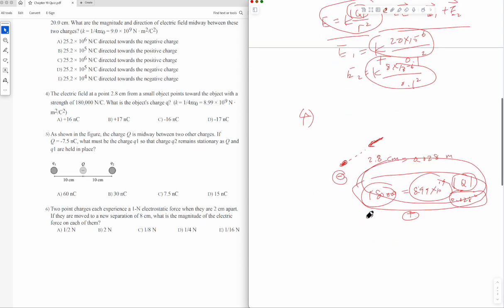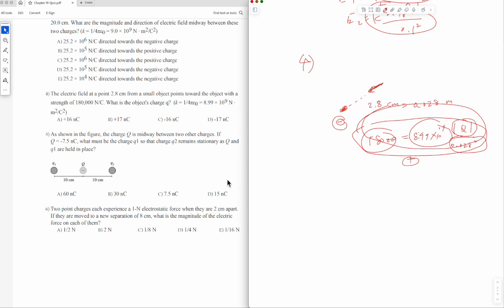Number 5. As shown in the figure, charge Q is midway between Q1 and Q2. Q is negative 7.5 nanocoulomb.